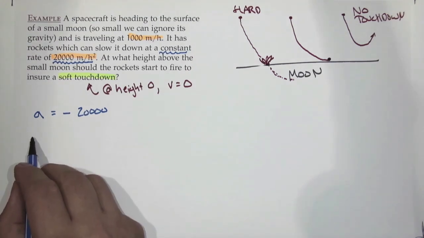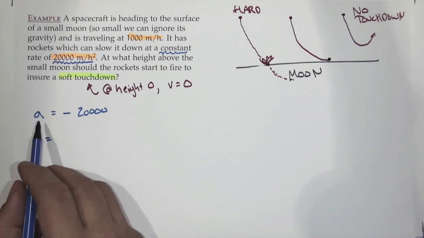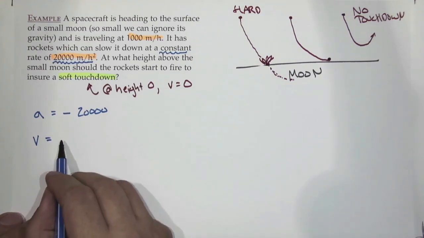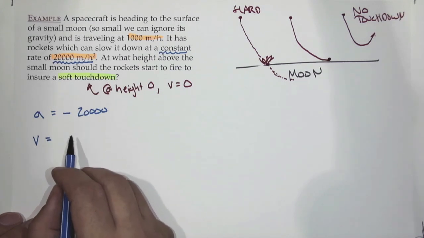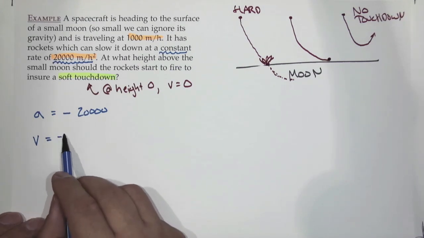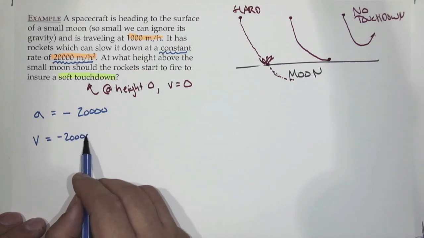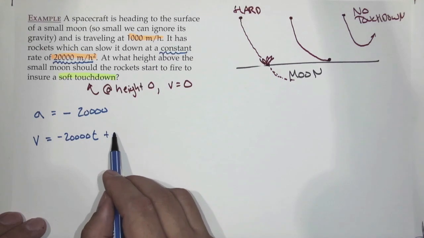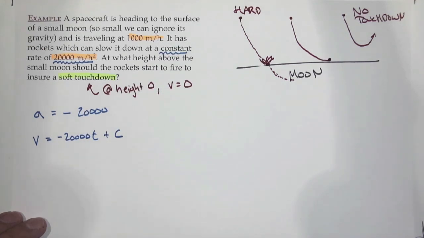So now, if we have acceleration, we can get velocity, right? Because acceleration and velocity are related. So what does velocity look like? So, antiderivative, so? Negative 20,000 t. Is that it? Plus c. Now, do we have any information that can help us solve for c?